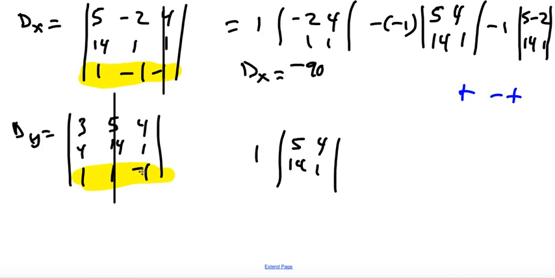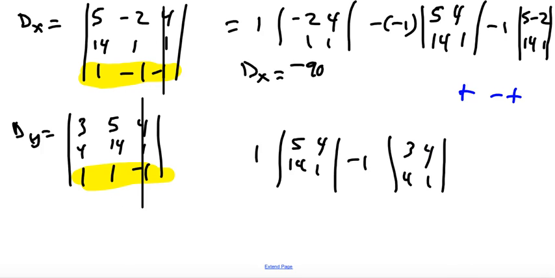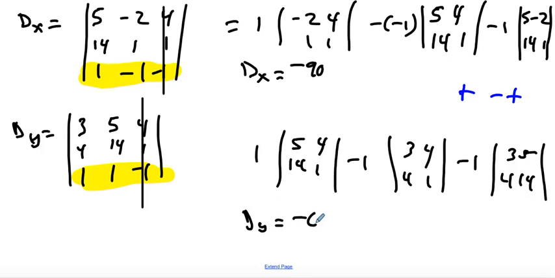It's -1. Okay, so -1 times 3, 4, 4, 1. Great. And then move that over one more time. Cool beans. And I get negative 1 times 3, 5, 4, 14. Okay. And so if you do all that right there, you would get negative 60.